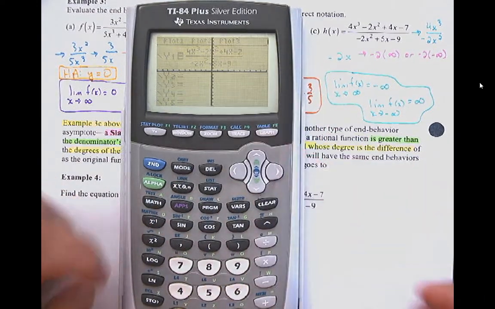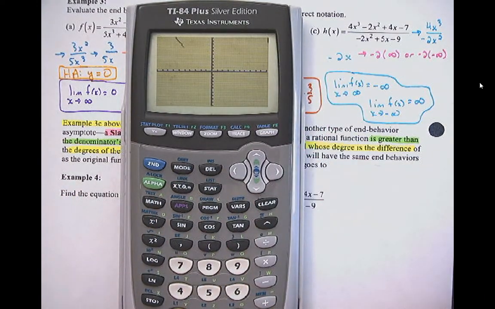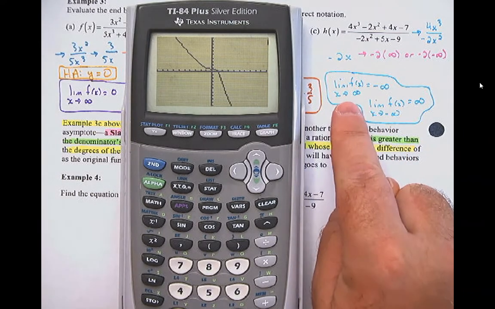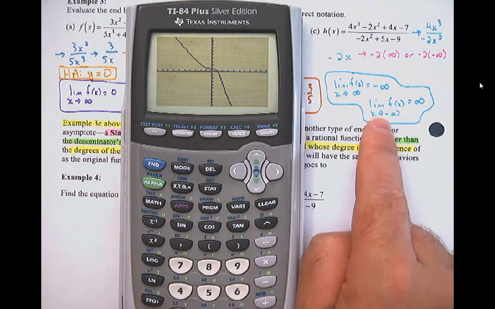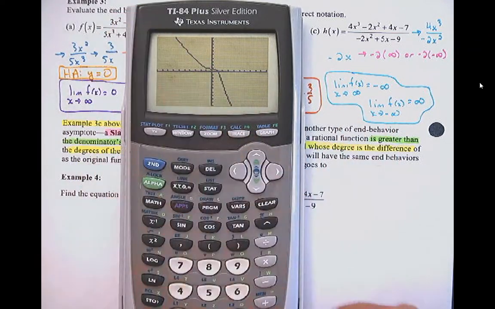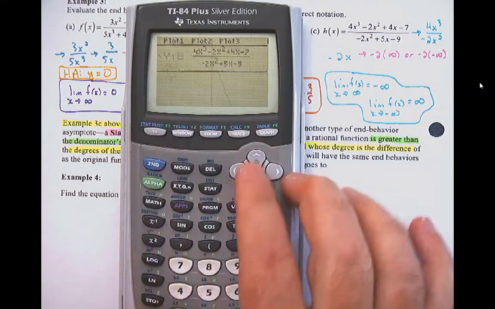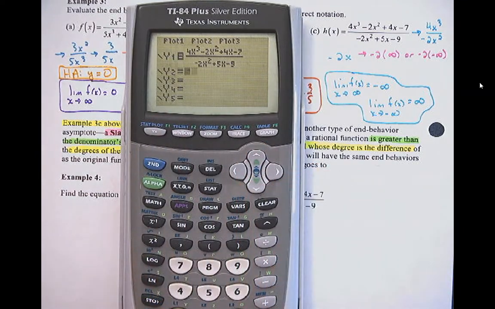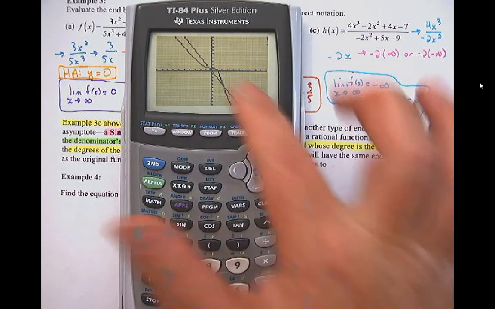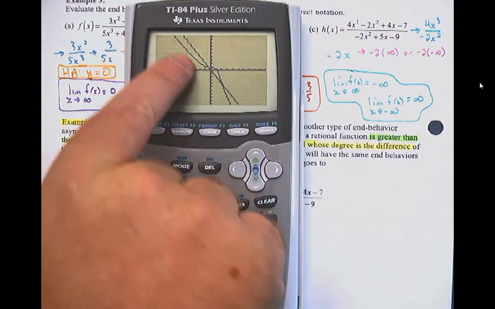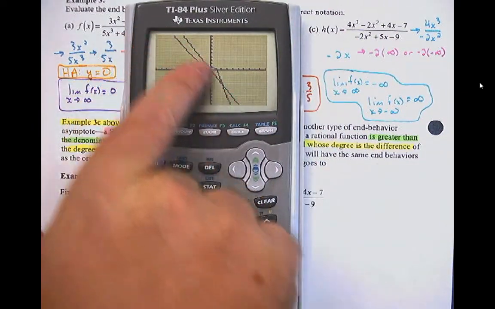I'm going to graph that function first. Does this behave the way we thought it would? As x goes towards infinity, my graph is going down to negative infinity. As x goes towards negative infinity, my graph is going up to infinity. Let's type in the graph of negative 2x and see if that's the slant asymptote. Clearly it's not. Do you see how this is not leveling off at that curve?